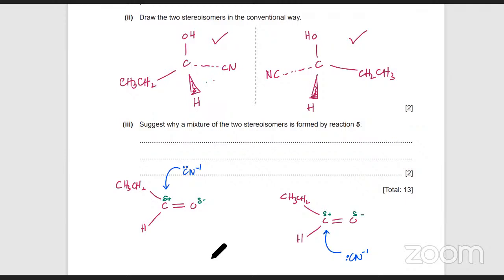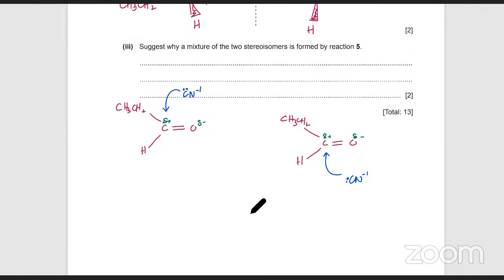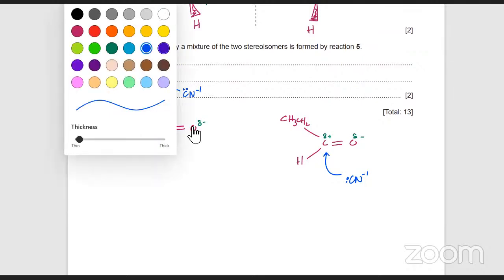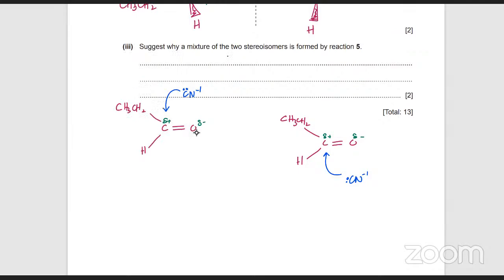To agar woh bottom side se attach hota hai, let's say woh top se attach hota hai, so what's going to happen to all the other bonds? All the other bonds are going to be pushed downwards, right? Because of repulsion. Kyonki negative aa raha hai na, so all the bonds are going to be pushed downwards. So the CH2, CH3 will be pushed downwards, the H will be pushed downwards as well.